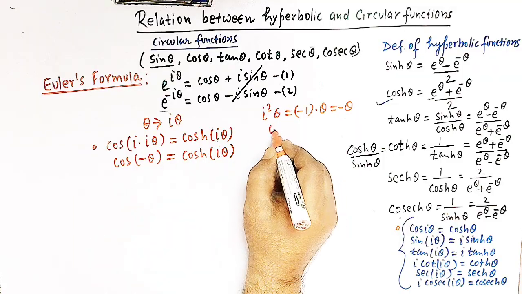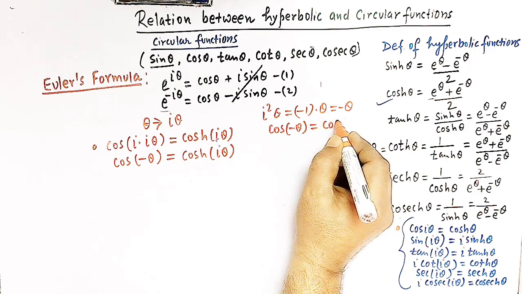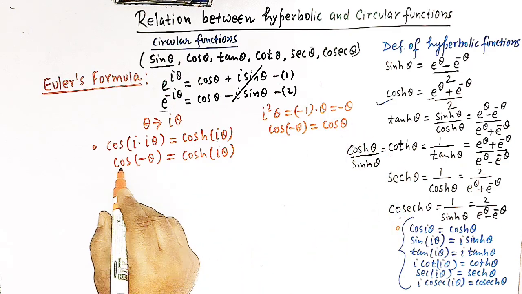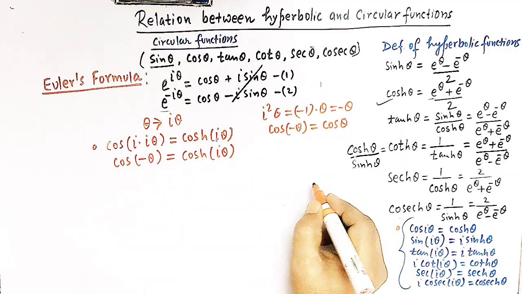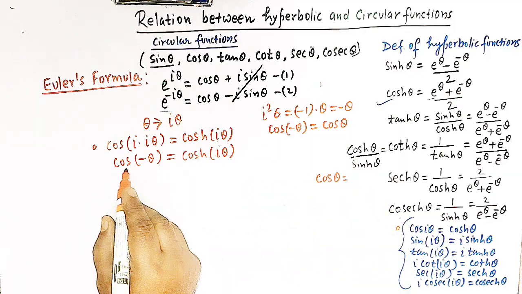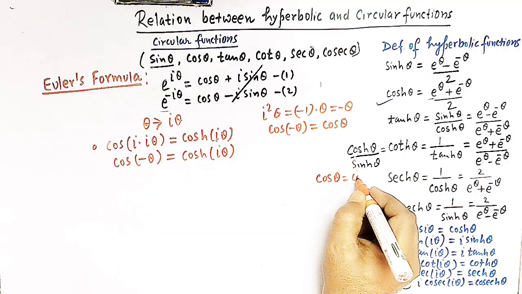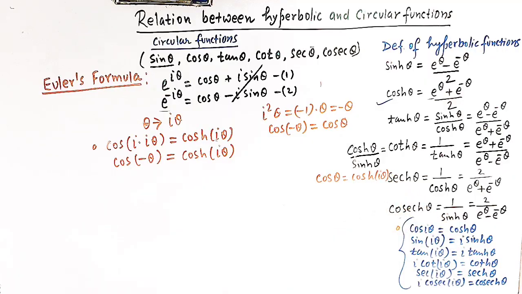Now from trigonometry, we know that cos of minus θ is equal to cos θ. So this is simply cos θ. So we have this relation, that is cos θ is equal to hyperbolic cosine of iθ.